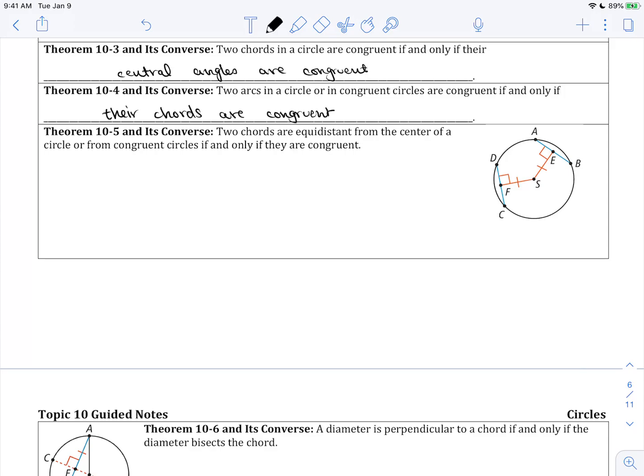These are marked as the same. So therefore, we know that those two chords are equal. So AB is congruent to DC, right? Two chords are equidistant from the center of a circle if and only if they are congruent. And the converse is true. So two chords are congruent if and only if they are equidistant. And we see their equidistance here, right?